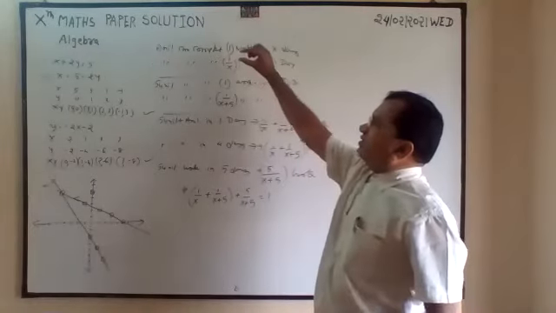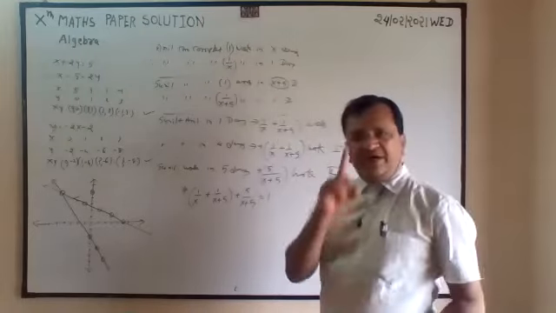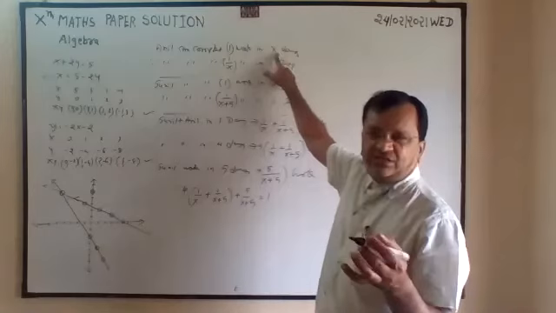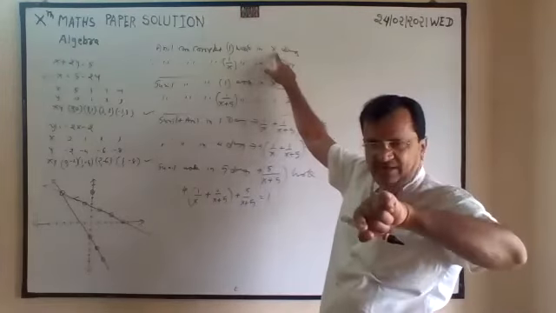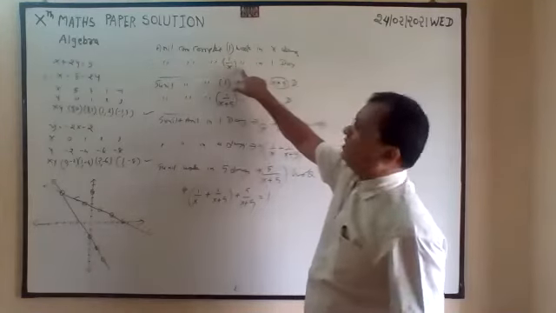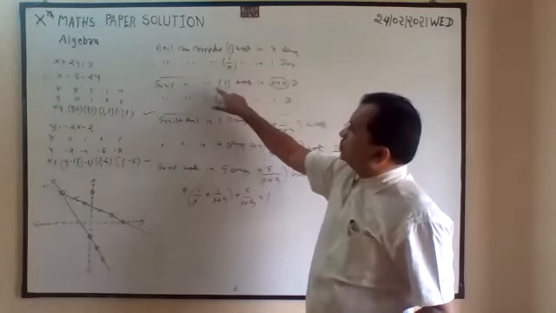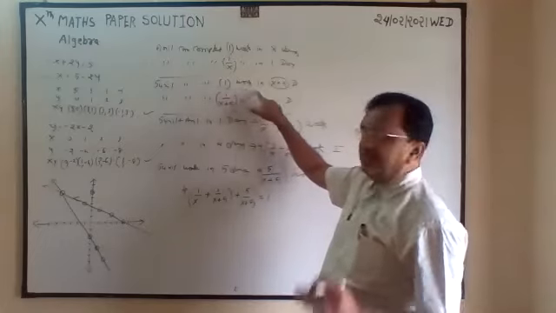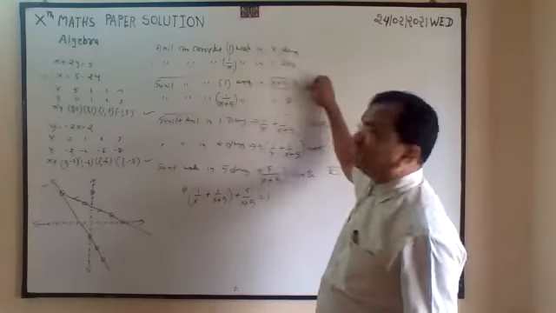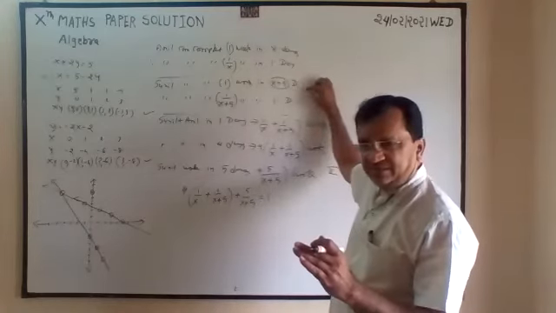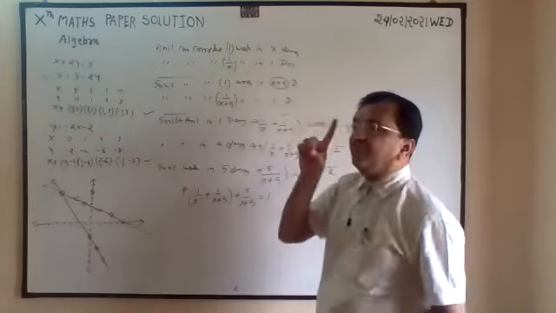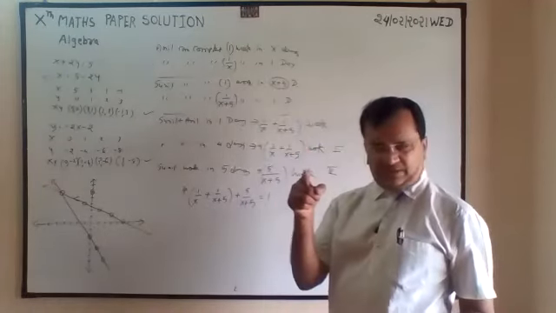Try to understand. Anil can complete one full work in X days, suppose in 10 days. So in 1 day, 1/10 work will be done. So in X days the work is done, so in 1 day, 1 by X work. Sunil's capacity is less. He can do one work, but will take 5 days more, so X plus 5 days. Suppose it is 15 days, one work, so in 1 day, 1/15th work.